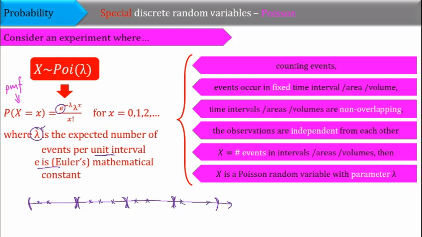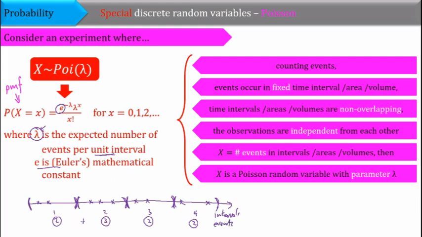So we're counting events. For my example here, I have 1, 2, 3, 4 intervals. In the first interval, I have 2 events occurring. The next one I have 3 events. The next one I have 2 events again, and the next one I have 2 events again. So these will be my events.